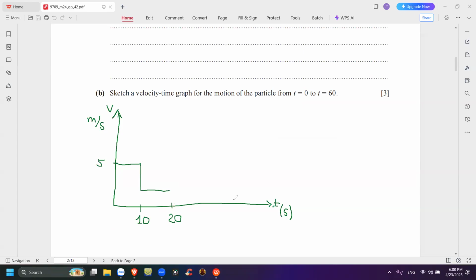For 20 to 40 seconds, it actually doesn't move at all, so it has to drop down like this all the way here. And then finally it moved at 3.5, so it has to go up like this.